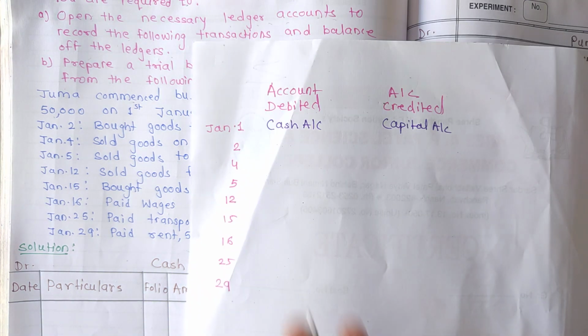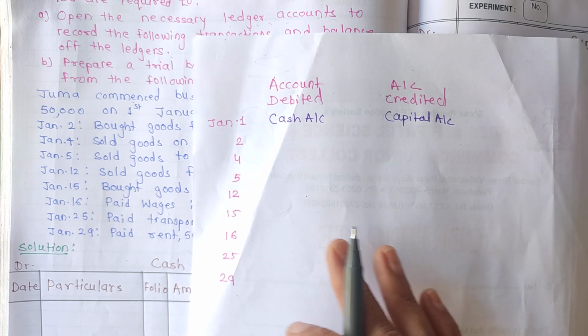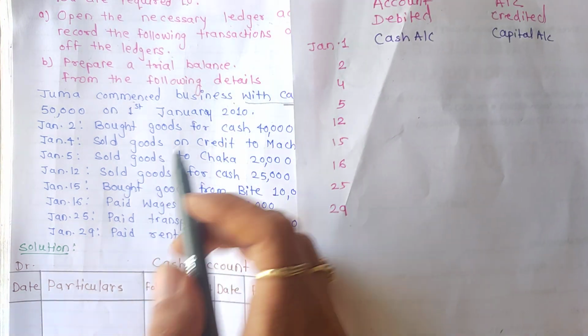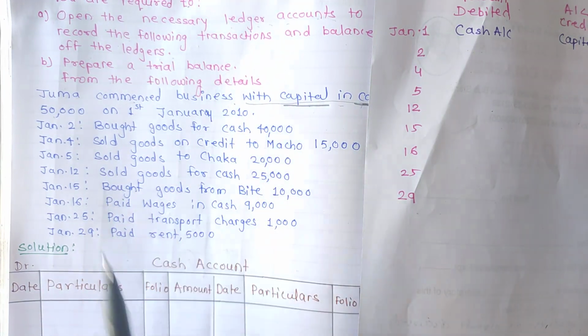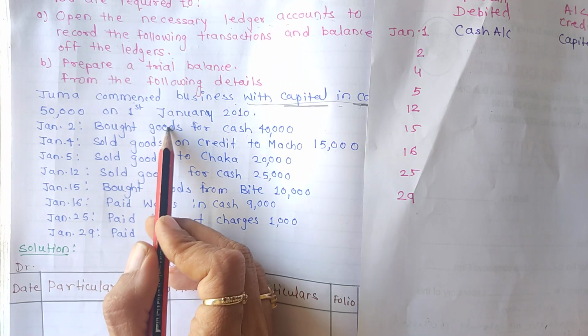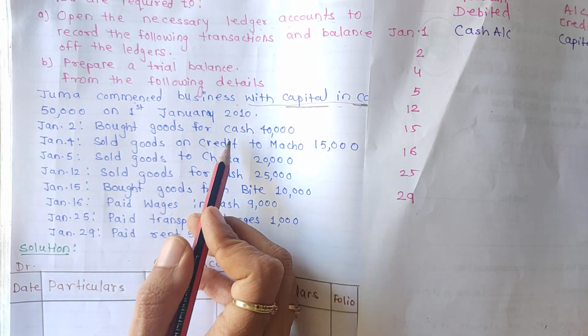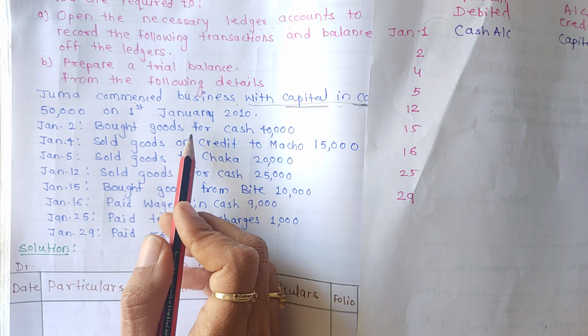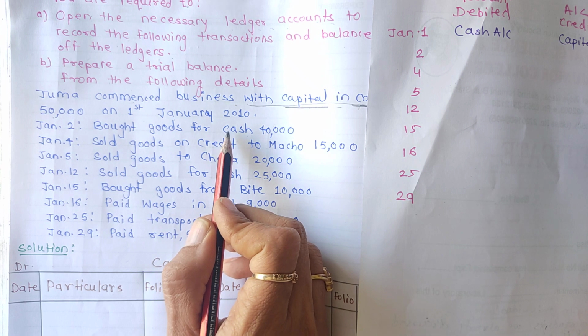See students, this we are just discussing which account to be debited, credited first, so it would be easy for you at the time of posting transaction. Second one, on January 2, bought goods for cash. Here, whenever there is a transaction for purchase or sale, first thing you should see that whether it is on cash or credit.